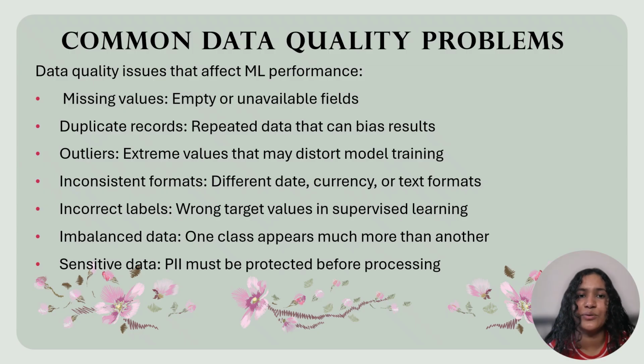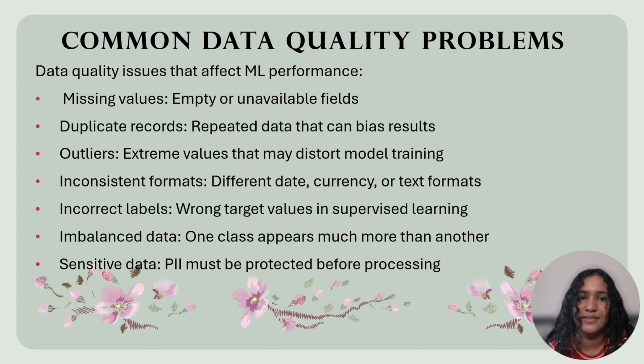Finally, sensitive data must be protected. Personally identifiable information, or PII, such as names, addresses, and phone numbers should be secured or removed before processing to protect privacy and comply with regulations.